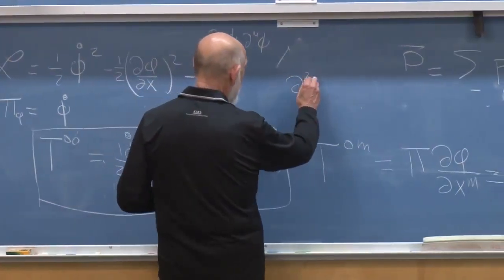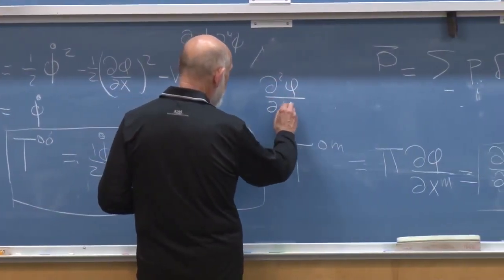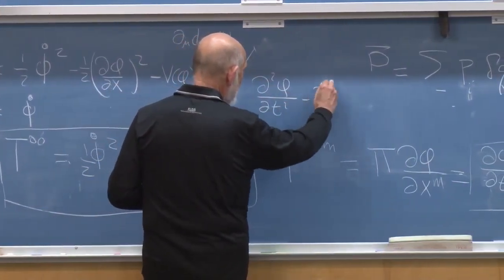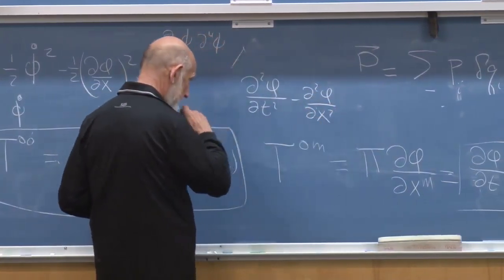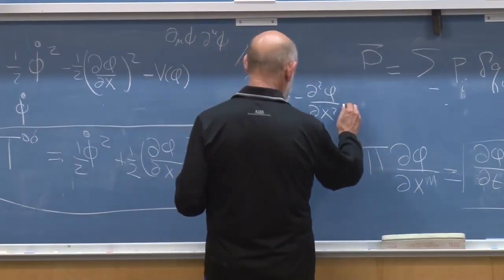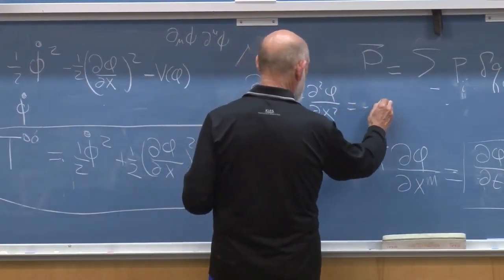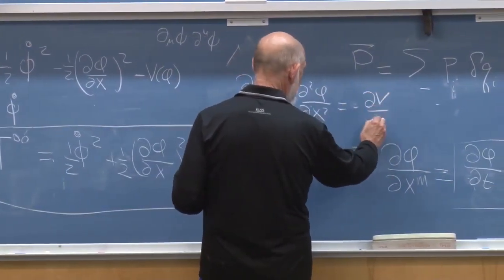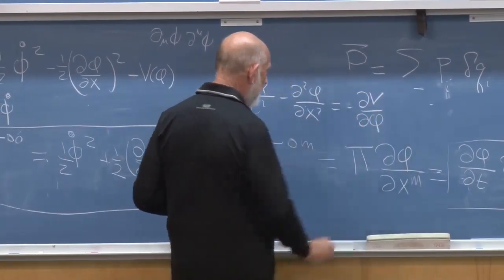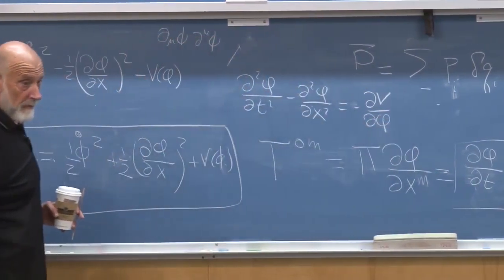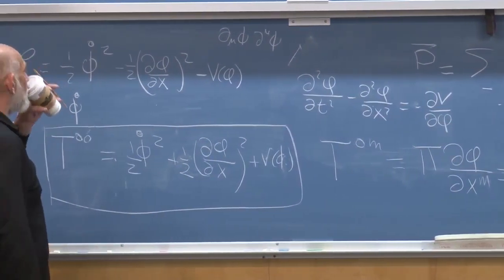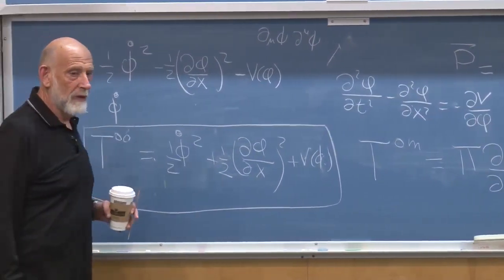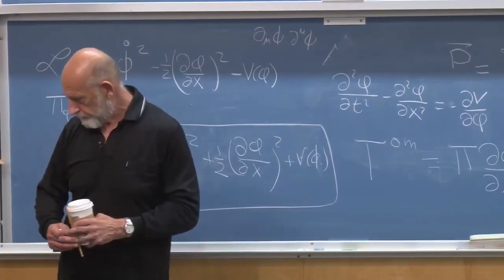The equation is d second phi by dt squared minus d second phi by dx squared is equal to minus dV by d phi. Some wave equation. Is there another way to prove that your choice of Lagrangian is correct, other than showing that this comes out?